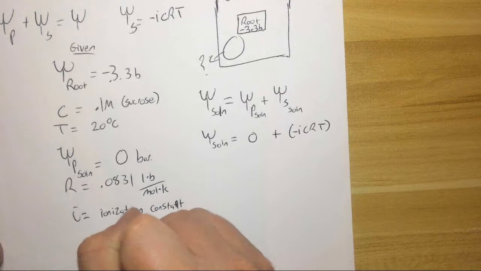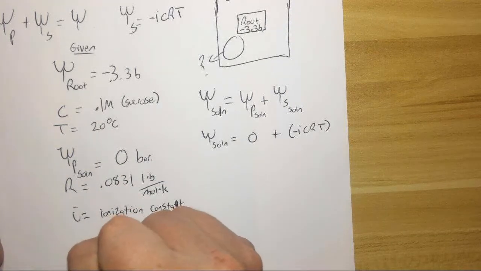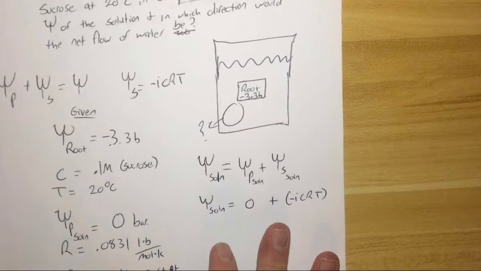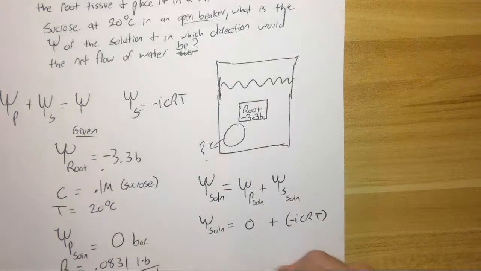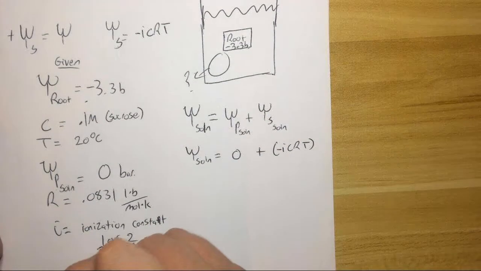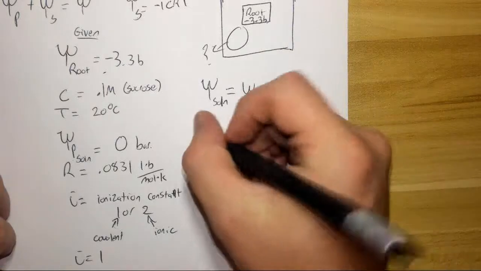If it's 1, it's because it is a covalent compound. If it's 2, it's ionic. As you recall, sugar, like sucrose, is strictly covalent. And as such, that is going to be a 1. So i equals what? Board there on the screen. So I want to fill this in real quick. It's pretty easy now.